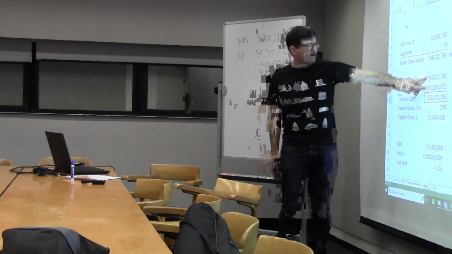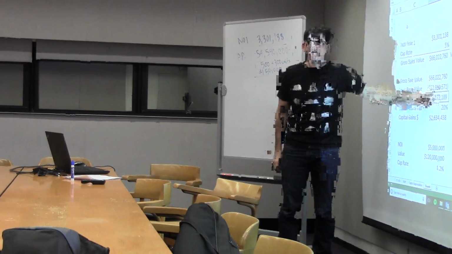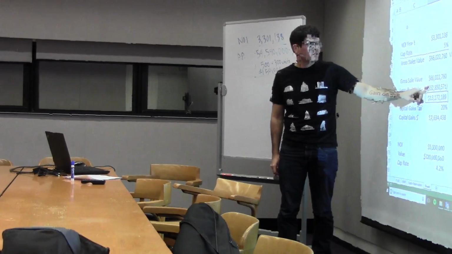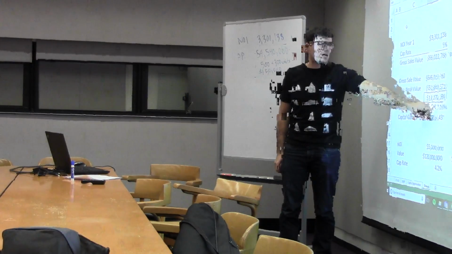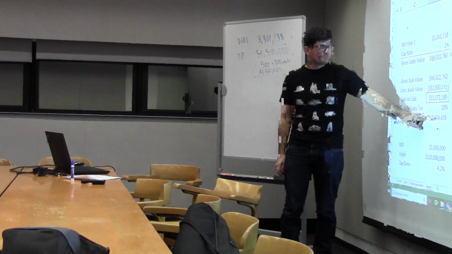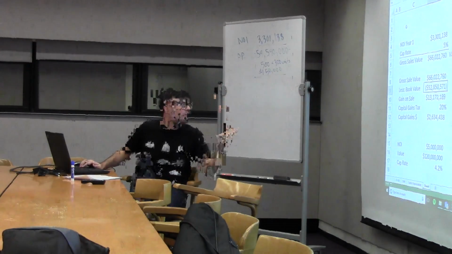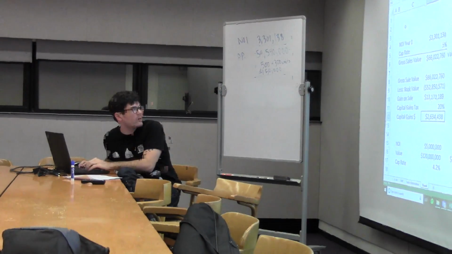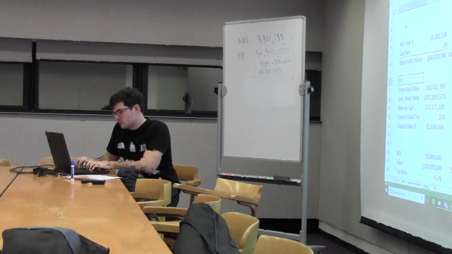It's the spread, the difference between your gross sale value and your book value. This number takes into account all your capex and your depreciation to account for this gain. And then we've got to pay tax on 20% of the gain to the tune of $2.6 million. That would eat into our gross sale value of $66 million, but we don't have to deal with that. So I'm just going to say FYI, tax calc.